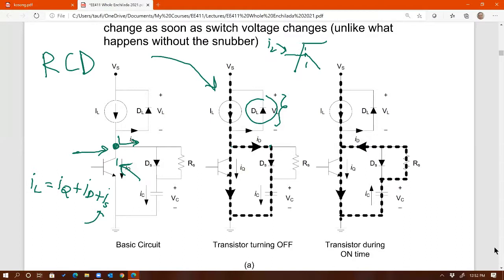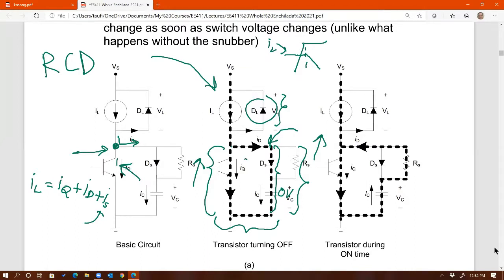All right. So now my question was, what happens as the voltage across the switch is rising? Well, the voltage across this branch will also have to rise, because these two branches are in parallel. As the voltage across Q, the switch, is increasing, so is the voltage from here to here. And remember, this is 0 volts because it's still not charged when you first turn off the switch. By forcing this node to increase gradually, you are forcing this diode to turn on, because this is 0 volts again right here.